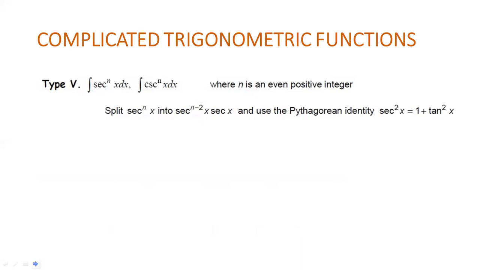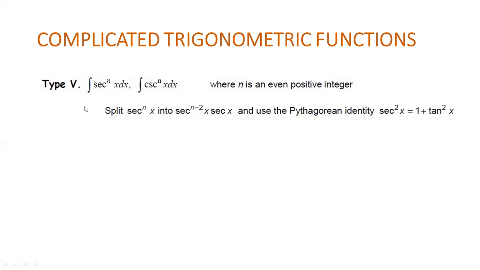Now, it's not yet done because we also have type 5. We can have a standalone sine integral, a standalone cosine integral. We can have a standalone tangent integral, and we can have a cotangent integral. And that's in the last 4 types that we have discussed.